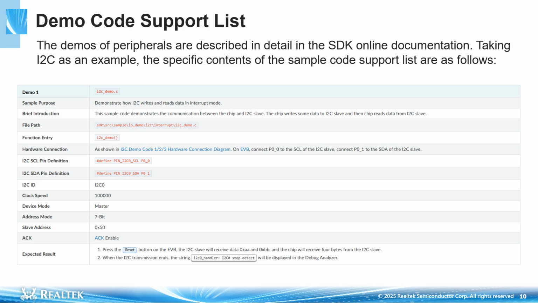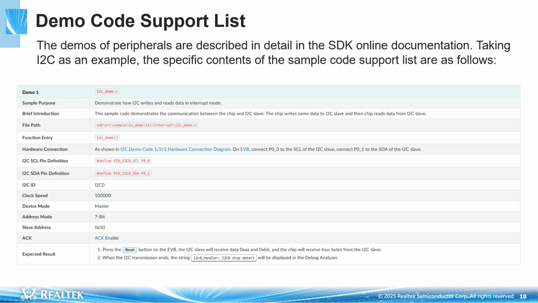Taking I2C as an example, the specific contents of the demo code support list are introduced. The first line of the list describes the name of the demo code source file. The line sample purpose introduces the main purpose of the sample code. The line brief introduction introduces the main content of the sample code. The line file path introduces the path of the sample code in the SDK package.